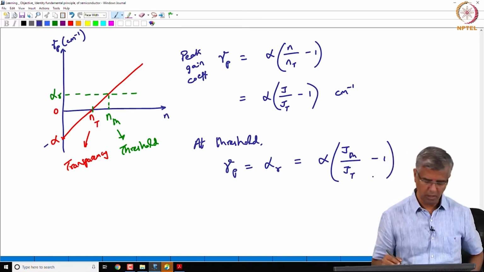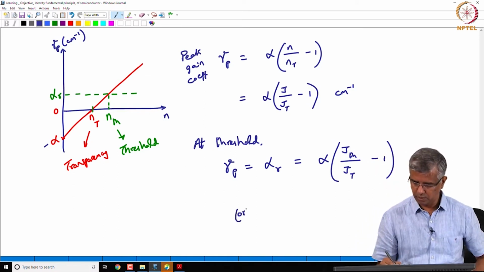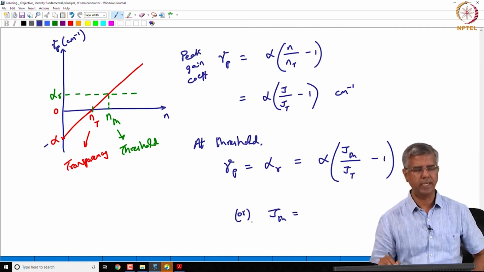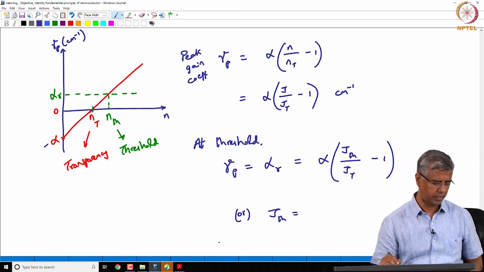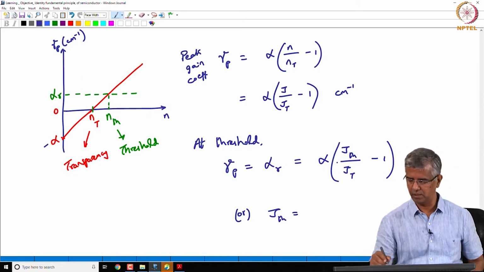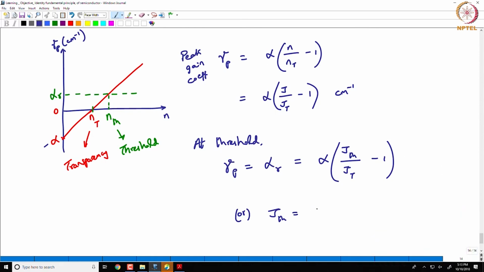This corresponds to gamma p, or if you are trying to find the threshold current density, if you just rearrange these terms, you are going to find that it equals alpha r plus alpha divided by alpha multiplied by Jt.